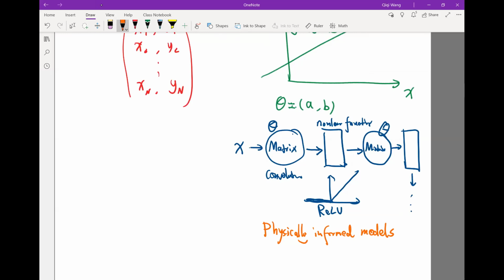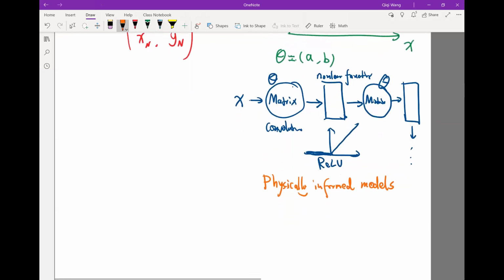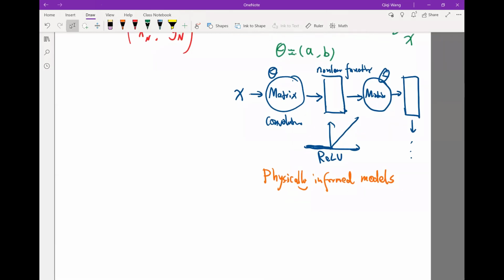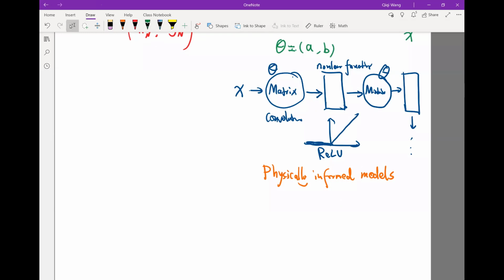And you actually parameterize the unknown things in your model into theta. One example is weather forecasting. You have a pretty good set of differential equations that tells you how the atmosphere evolves. But there is still a set of things that are too complicated to describe completely using first principles.